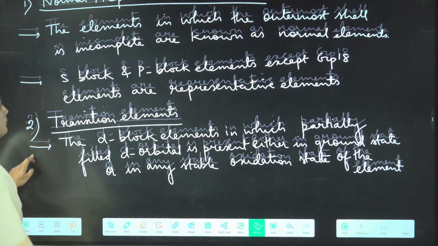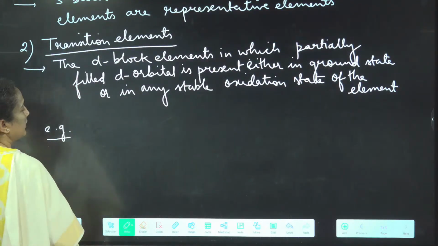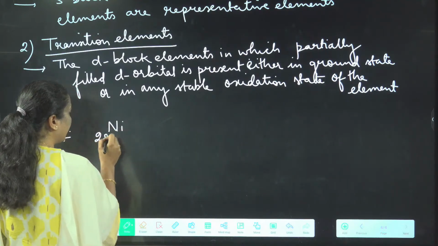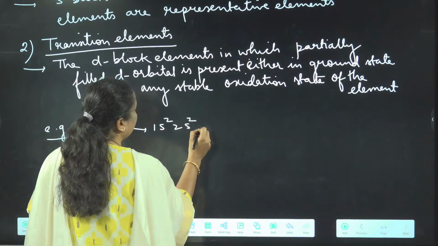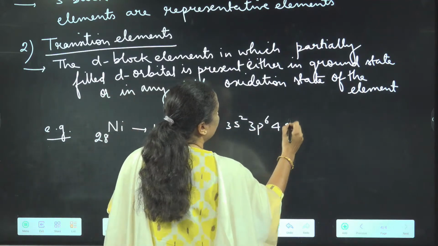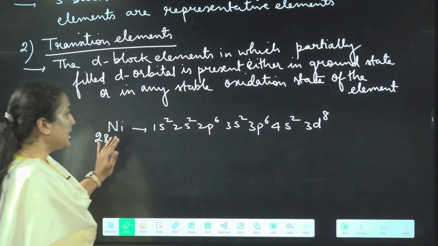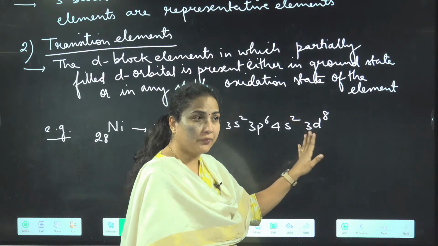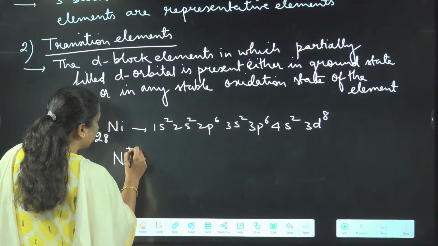Yes, written. Okay. Now let us see an example. Suppose I take the example of nickel. Nickel is 28. It is a D block element. Now when I write down its configuration, it is 1s2, 2s2, 2p6, 3s2, 3p6, 4s2, 3d8. Right? Now in its ground state, we have a partially filled d orbital. It is not 3d10. The stable oxidation state is Ni plus 2.